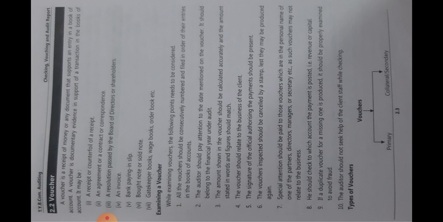Third point is a resolution passed by the board of directors or shareholders. A lot of times it happens that, as we all know, the board of directors must meet at least once in a quarter. So at least four board meetings should happen in a year.